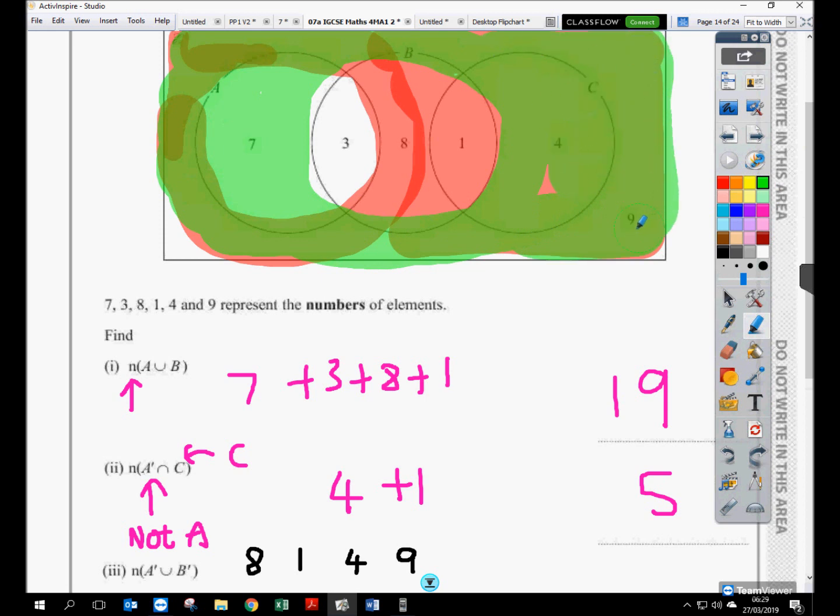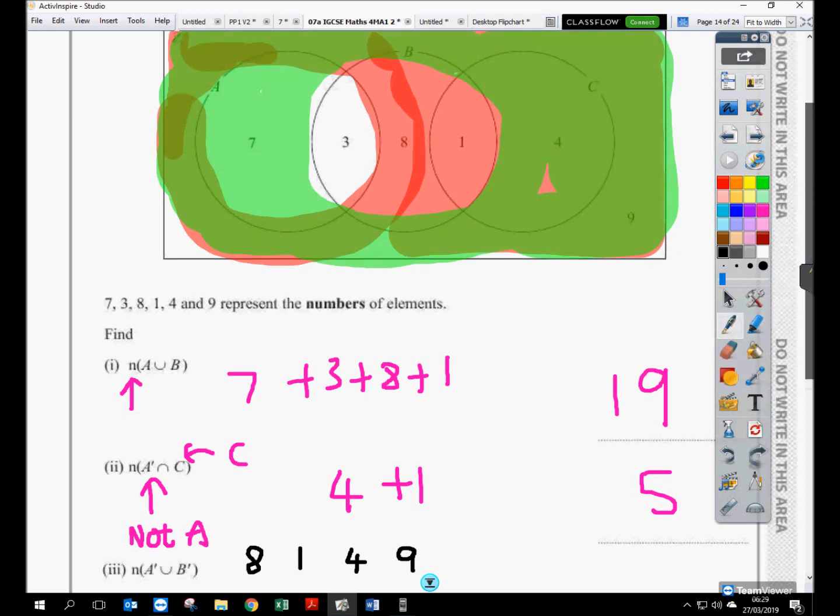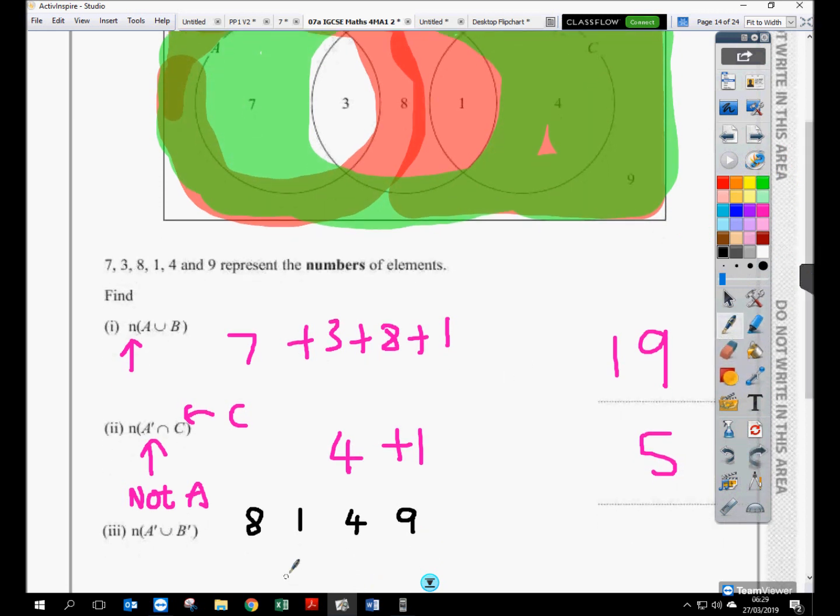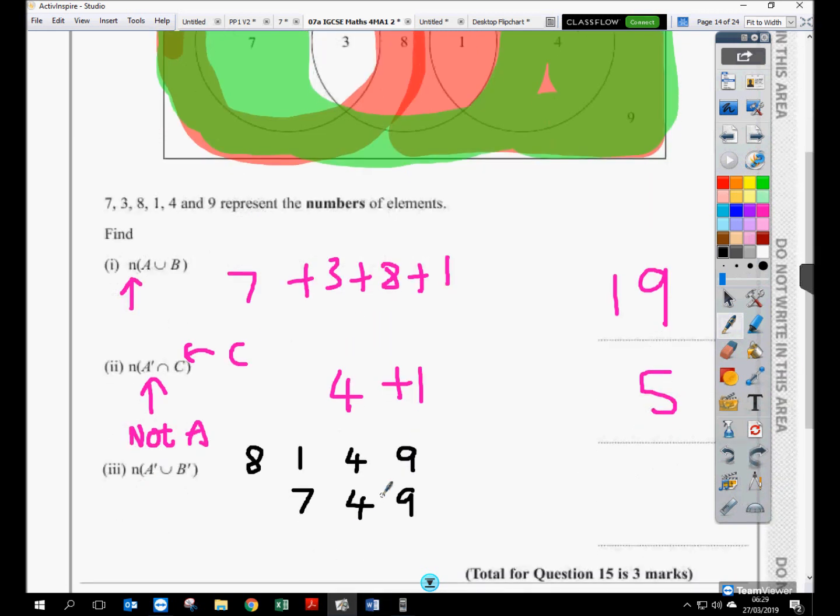Right. So it could be any of these numbers now. So I'm just looking at the numbers in the green section. Numbers in the green section are, we have 7, a 4, and a 9. Okay. Now, as you know with Venn diagrams, you're not allowed to include any numbers twice. So we can't include the 4 again, and we can't include the 9 again. So it's the rest of the numbers.